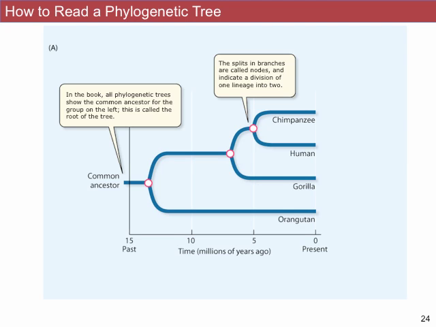This branch here is called the root of the tree, or the root branch of the tree. And this point here is called a node. Anywhere where a branch going from the left splits into two descendant branches, that split occurs at a node in the tree. So here's one node, here's another node, here's another node.